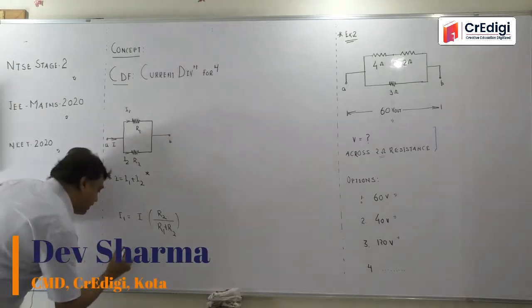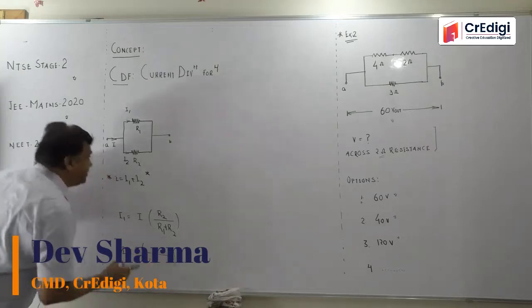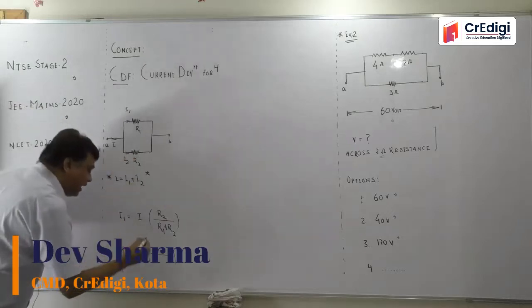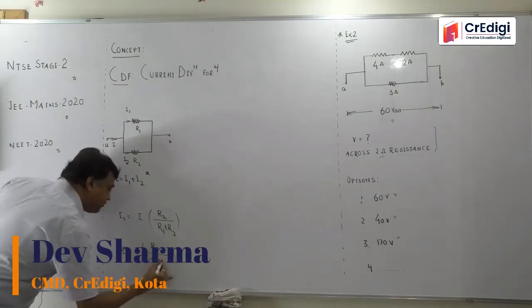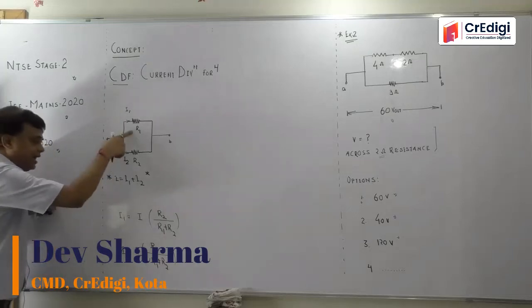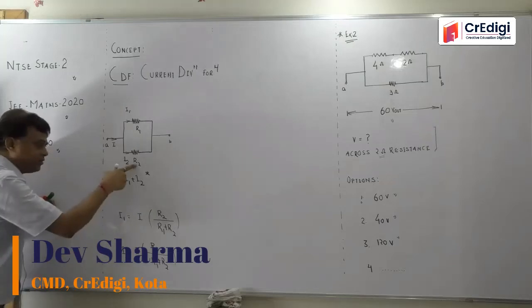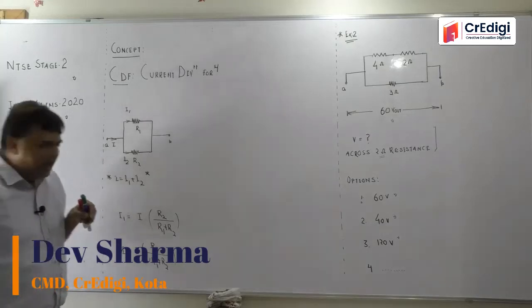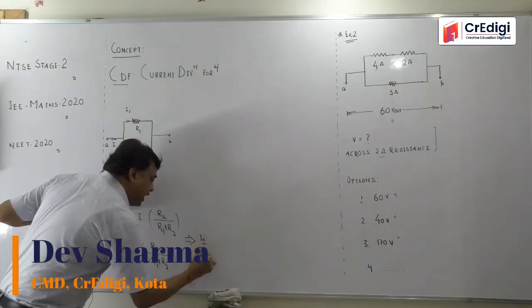Suppose I am interested in calculating I2. Then quite easily it is I multiplied by this divided by this. I2 is passing through R2, so forget about R2 and write R1, divided by R1 plus R2. So whenever you need the current I1, which is going through R1, R2 will come on top. And whenever you need I2, which is passing through R2, R1 will always come on top. By the way, sometimes in a very simple question you may be asked for the ratio I1 by I2.